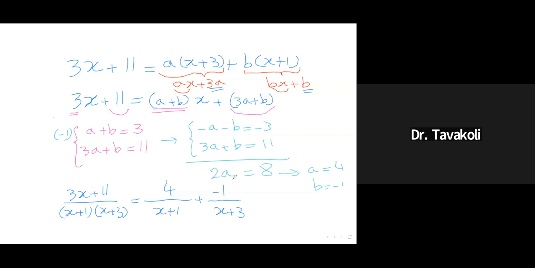Step 2 is the step where we complete the solution of the integral. So in step 2, we go back to the question. The question was the integral of 3x plus 11 over x plus 1 times x plus 3.